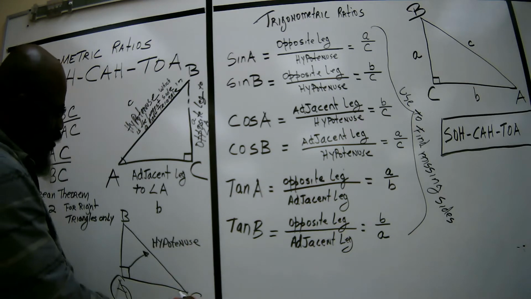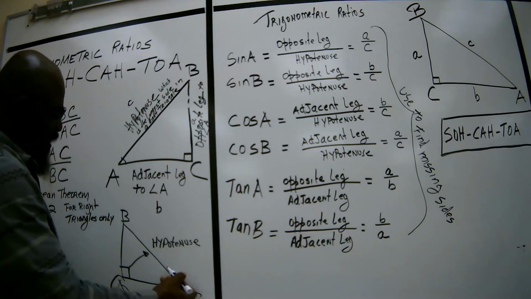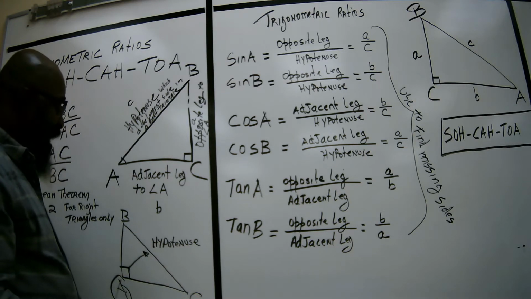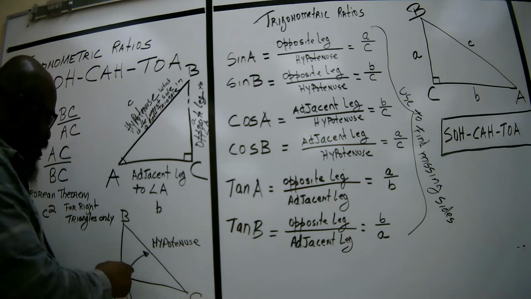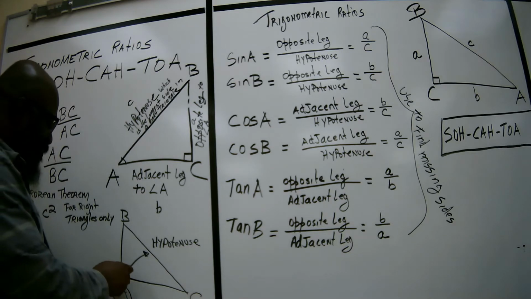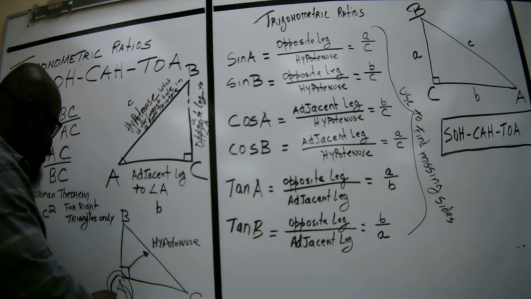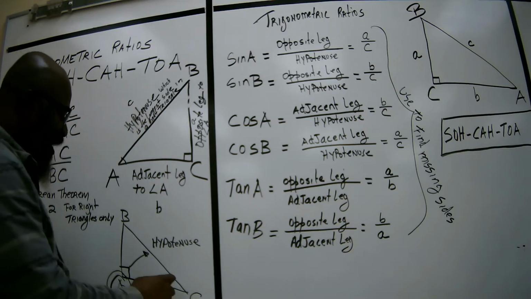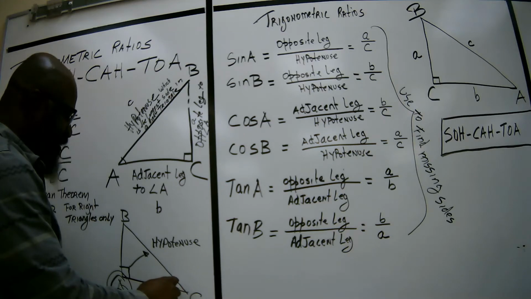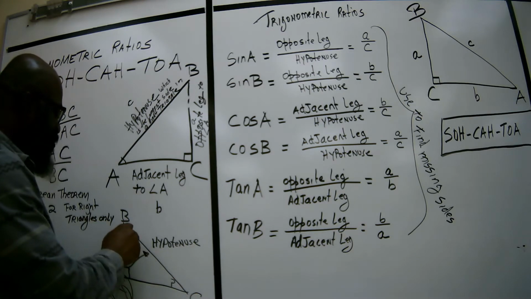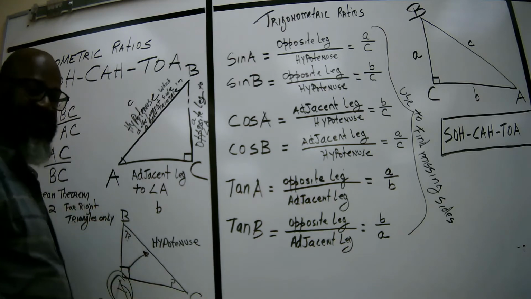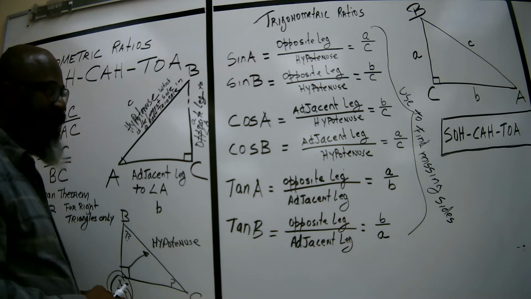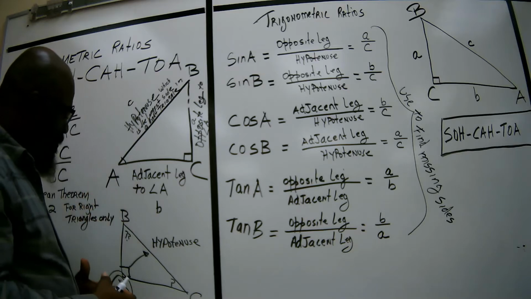So my two acute angles are angle C and angle B. Either I have to use angle B or angle C. The 90-degree angle is not in play. You already know its value. So the angles that I'm using are angle C and angle B. Those are the acute angles you need to focus on when you're dealing with trigonometric ratios.